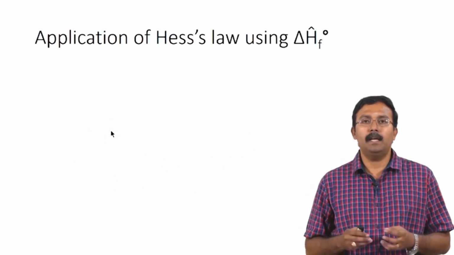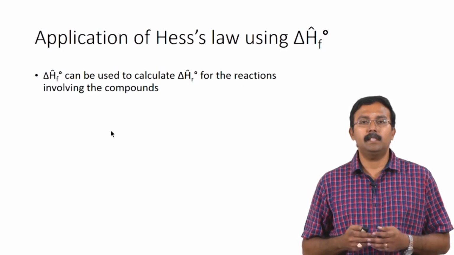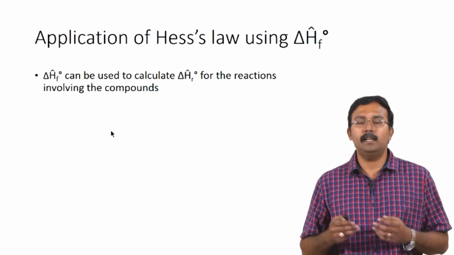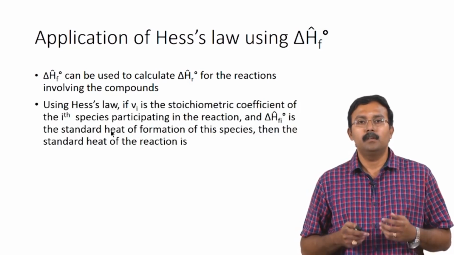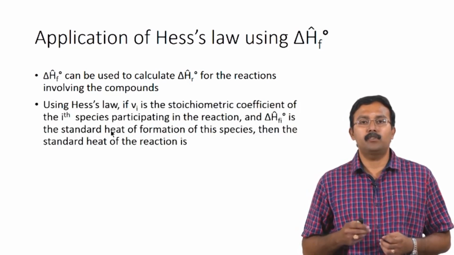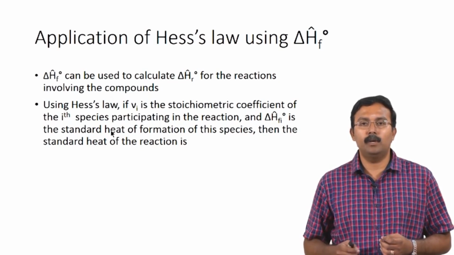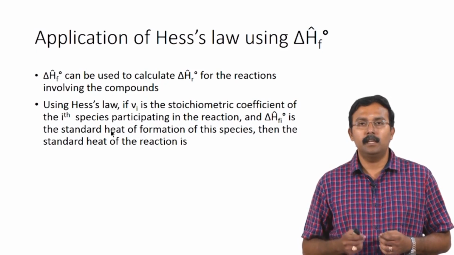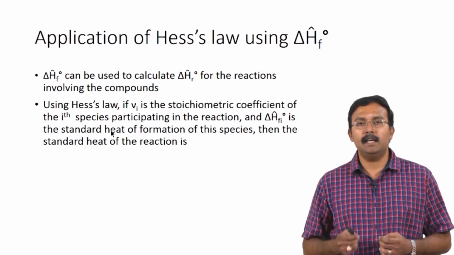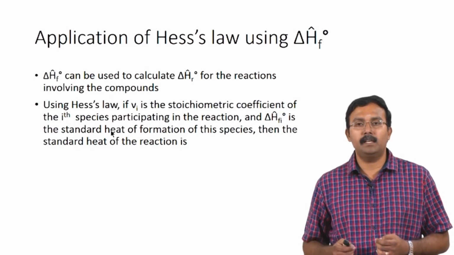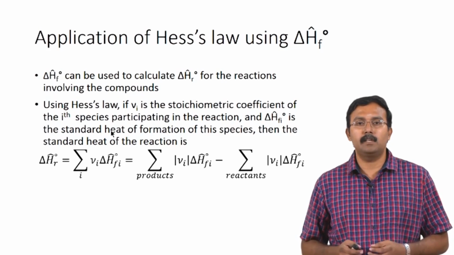How do we apply Hess's law when we have heat of formation? Heat of formation can be used to calculate heat of reaction for any reaction which involves compounds. Using Hess's law, if the stoichiometric coefficient of the ith species is given as nu i, and the standard heat of formation of the species is given as delta H cap Fi, then the standard heat of reaction can be calculated using this equation.